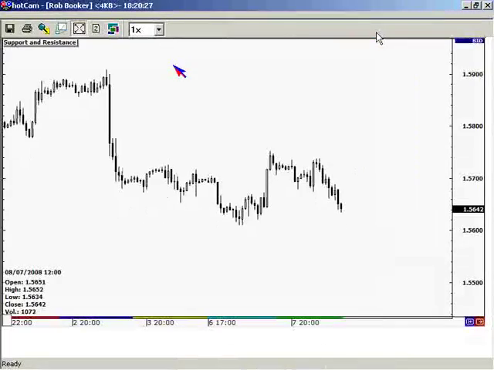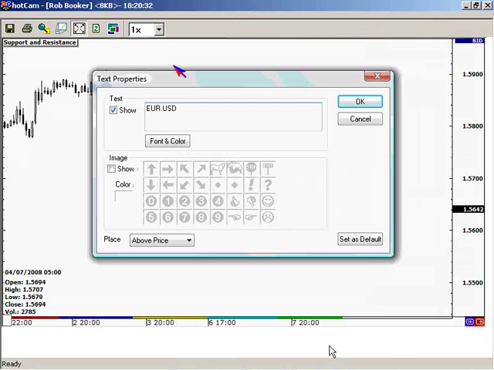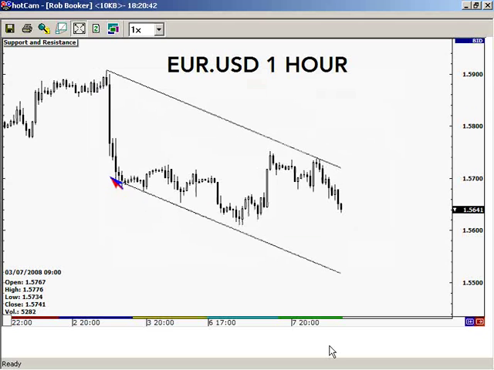Okay, here's the euro U.S. dollar, 1 hour. Here's how we think about trading with the trend. We're going to draw a channel. Many of you already know that channels are perhaps our favorite technique in the whole world. I love channels.